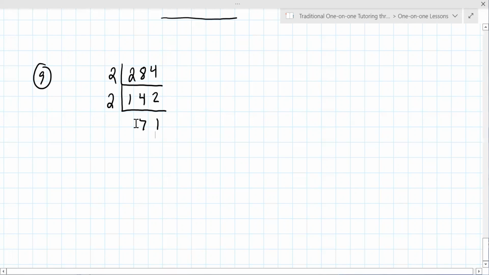Is 71 prime, or does something else go into it? Well, 3 doesn't go into it because 7 plus 1 is 8. And 5, it's not divisible by 5 because it doesn't end in 0 or 5. So 7 is the next prime number to try. This is where you either need to know the divisibility rules, which don't help you much with small numbers like this. This one is not divisible by 7.